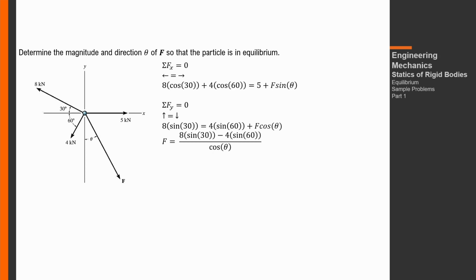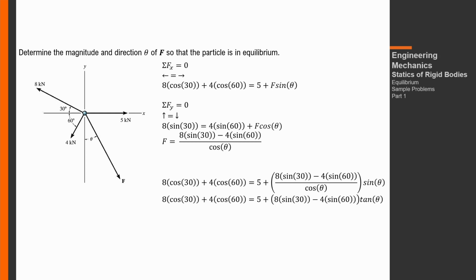Tapos, mas convenient dahil sine over cosine yung magiging relationship dun. So, tangent na lang yan. So, 8 cosine 30, 4 cosine 60, tapos yung 5, substitute yung relationship ng F at saka ng theta based dun sa summation of forces sa y. So, yun nga, magiging tangent na lang, sine over cosine.